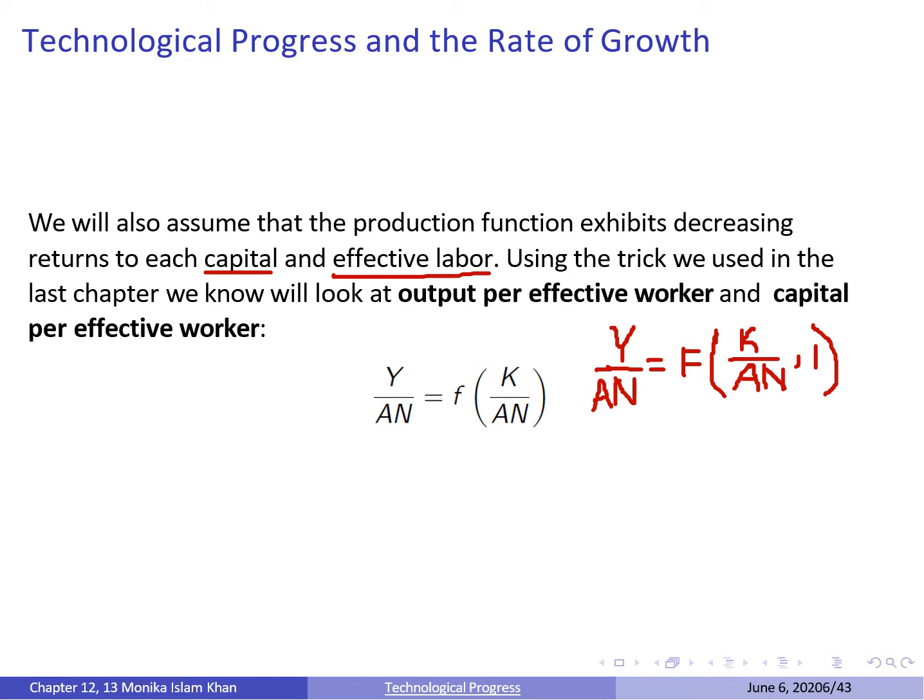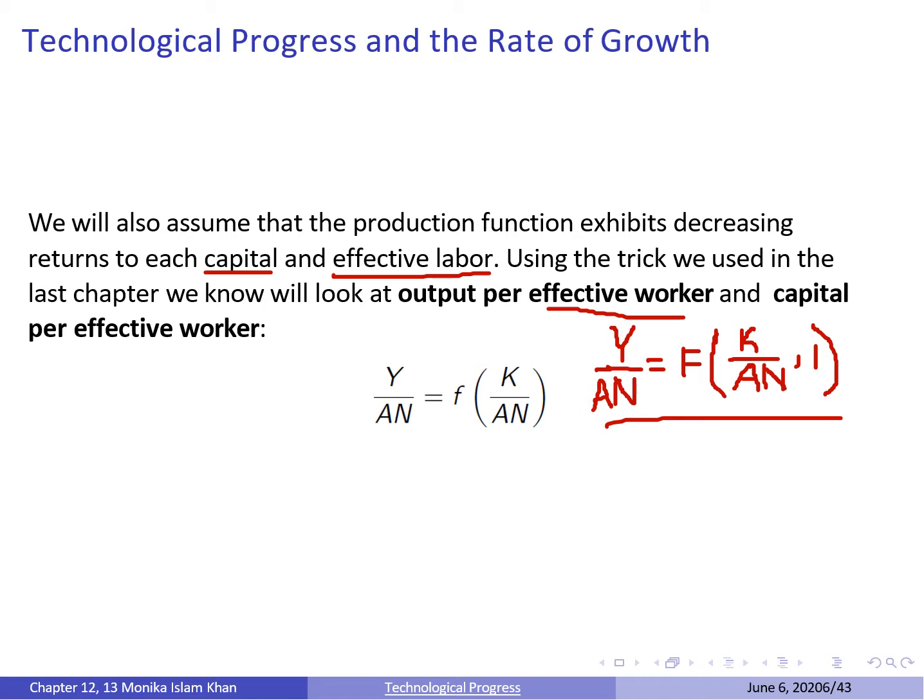Okay, so in the last lecture, we looked at output per worker and capital per worker. But in this lecture, we're going to derive output per effective worker and capital per effective worker. In order to do that, we will divide the production function by effective labor, AN. When we divide the production function by effective labor AN, we get this following function.